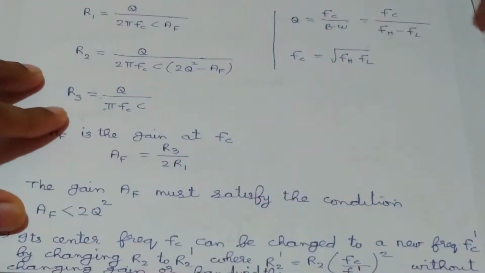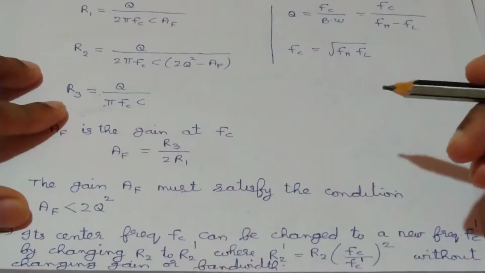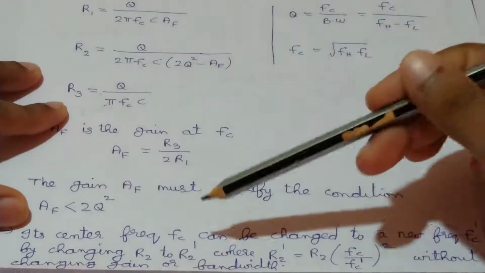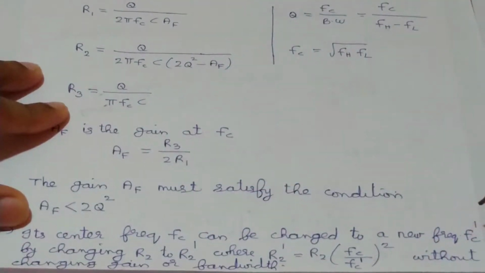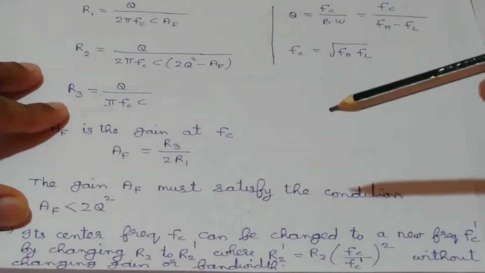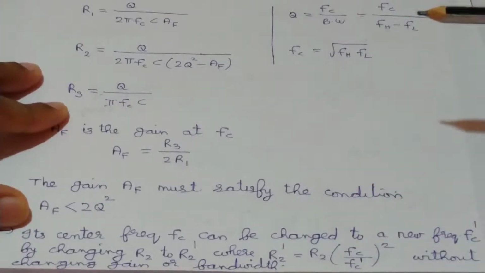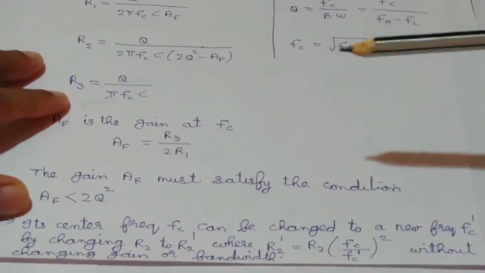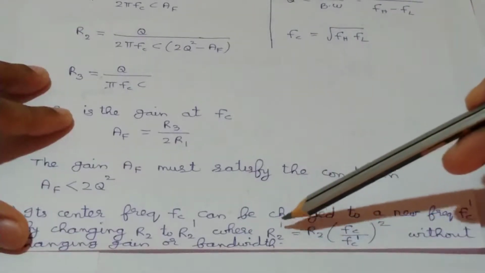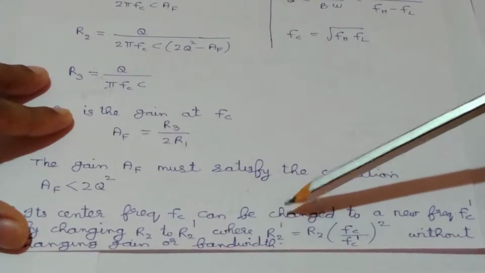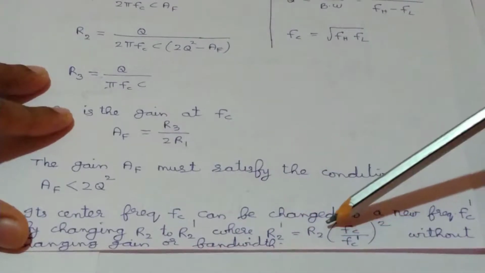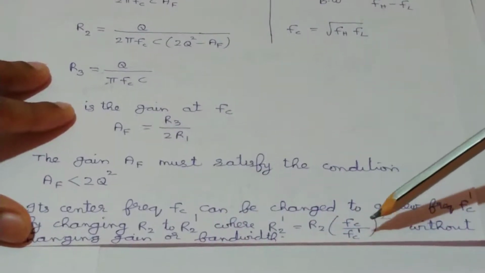Now the advantage of this multiple feedback filter is that the center frequency Fc can be changed to a new center frequency Fc dash without changing its gain and bandwidth. And to change that Fc to the new Fc dash value, we need to change the resistance R2 to a new value R2 dash, and that R2 dash is given by R2 dash is equal to R2 into Fc divided by Fc dash whole square.